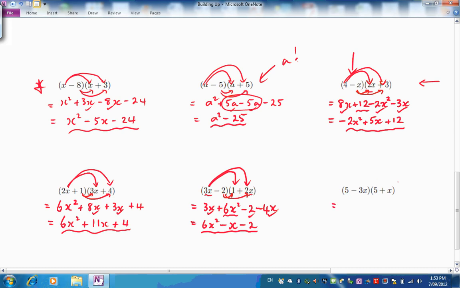Okay, let's have a look at this one. These have both been written with the two brackets with the x's at the back of the bracket. We'll still go through the same process. 5 by 5 is 25. 5 by x is plus 5x. Neg 3x times 5. Negative times a positive is a negative 15x.